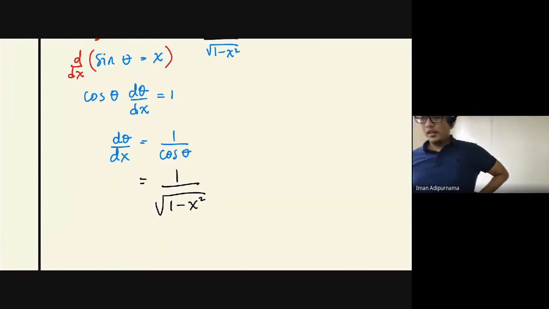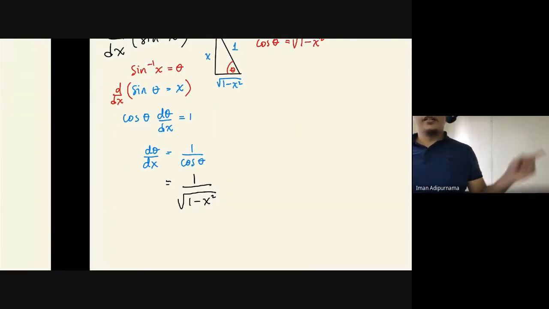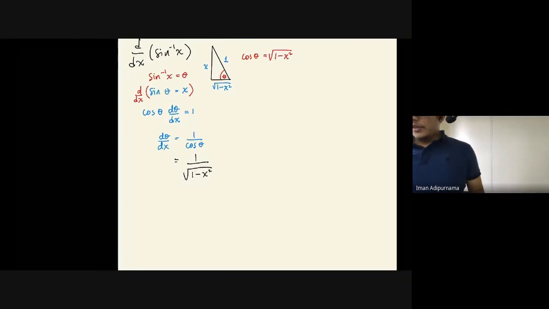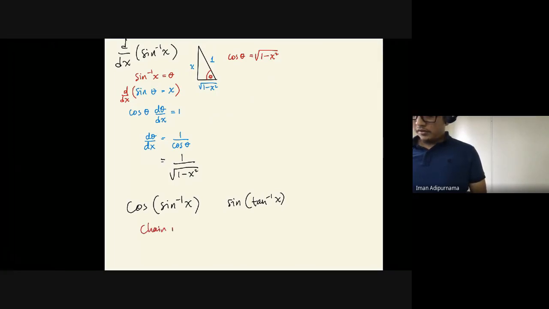And the typical questions in solving inverse trigonometry sometimes look like this: cos of sine inverse x, or sine, maybe tangent inverse. To solve this, you need to combine the chain rule plus the inverse trigonometric derivative.